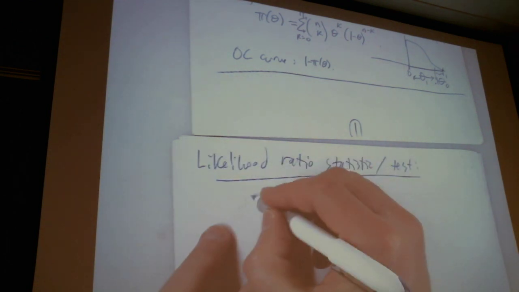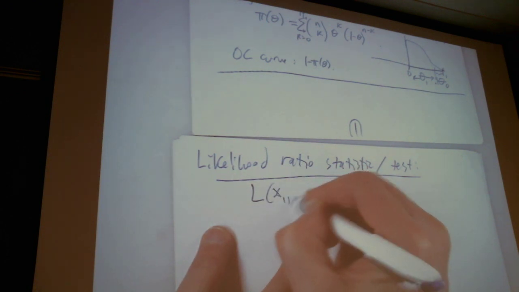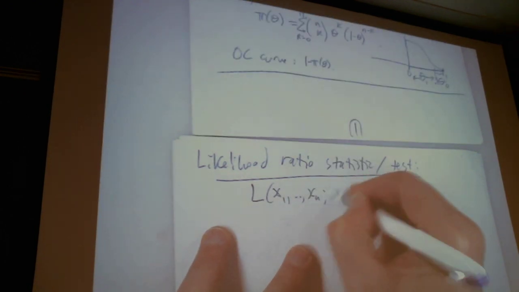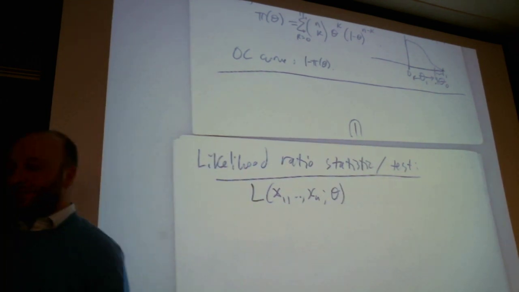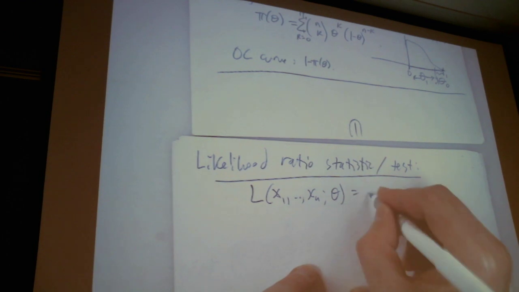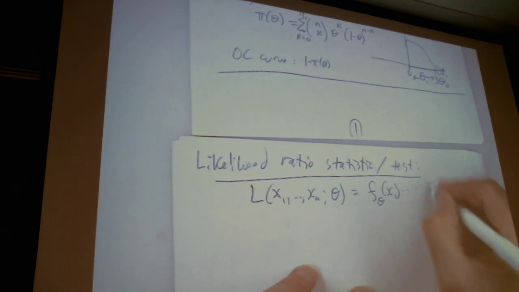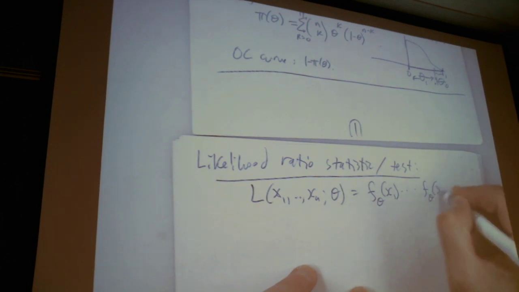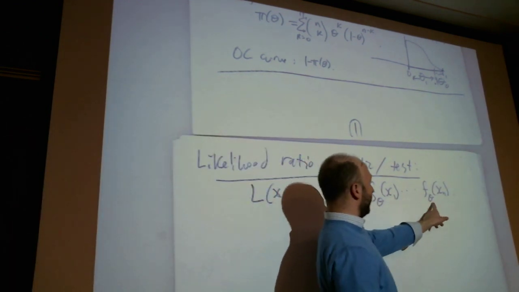So remember the likelihood function given the observations x1 through xn, in terms of the parameter theta, is just the product of the densities of the observations, since the xi's are IID, assuming you have this theta.